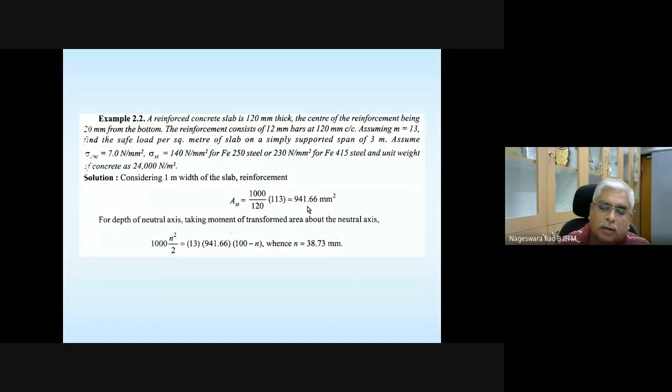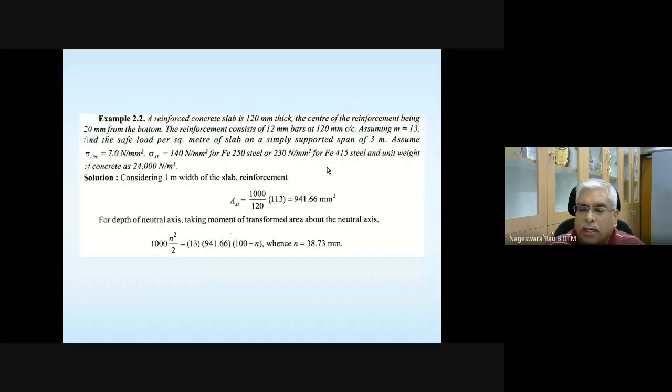Okay. One more thing, please note what we are actually after here. We want to find the capacity of this section. The capacity of this section is the capacity when either steel reaches its permissible limit or concrete reaches its permissible limit.